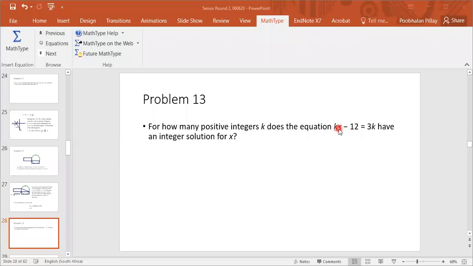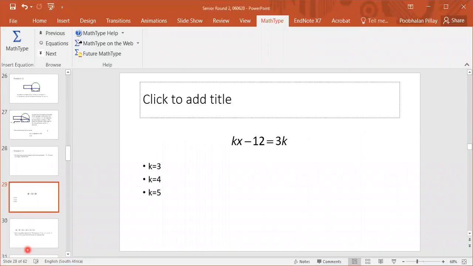whether that x is an integer. If that x is an integer, then that k is acceptable, because you want to know for which positive integers k you have an integer solution, right? So when I go down here, say I'm taking k equals 3.